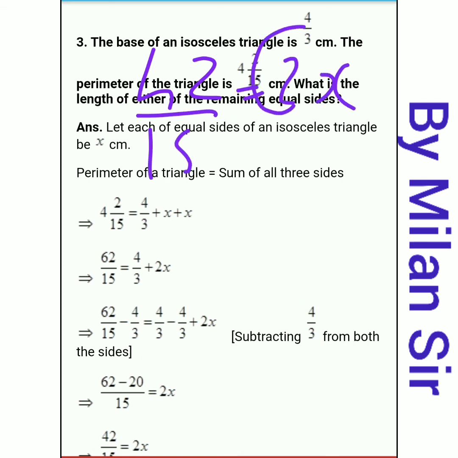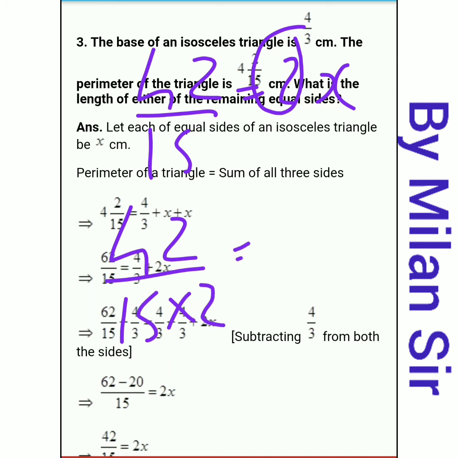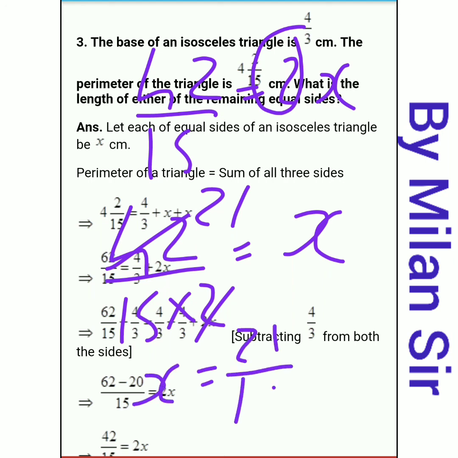Now we can transfer this 2 to the left hand side; it goes to the denominator and multiplies with 15. Now we can simplify this. 21 twos are 42, so x is equal to 21/15.